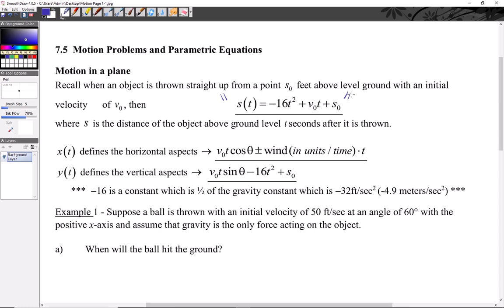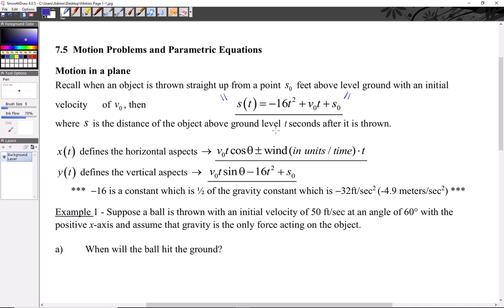And this is a two-variable input time, output distance above the ground, t seconds after the object is thrown or hit or whatever. And we used to graph those things and find the vertex for the maximum height. We would find when time was 0, that would be when it was first launched and after it landed, and all that kind of good stuff.